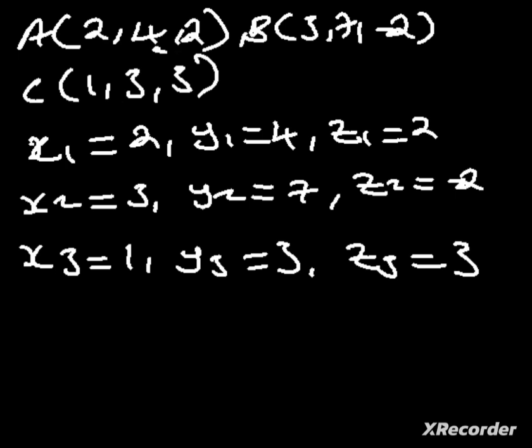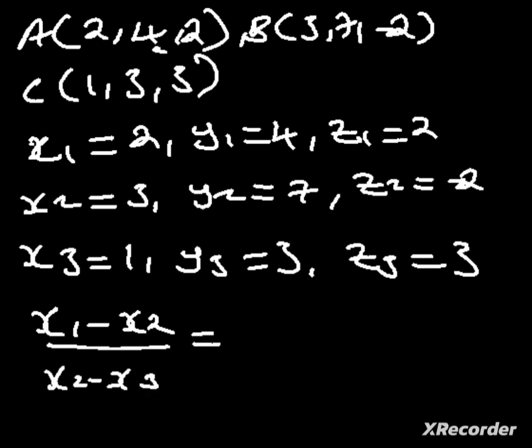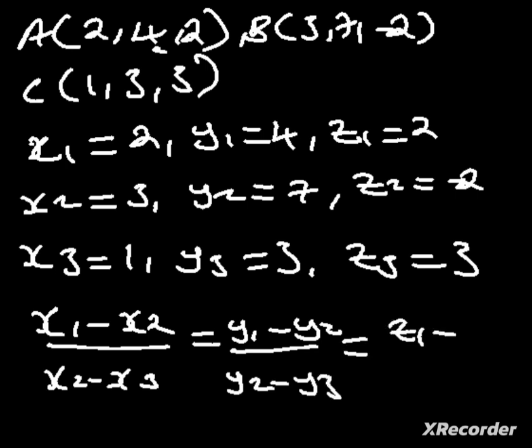We have x1 minus x2 divided by x2 minus x3, which has to be equal to y1 minus y2 divided by y2 minus y3, and z1 minus z2 divided by z2 minus z3.